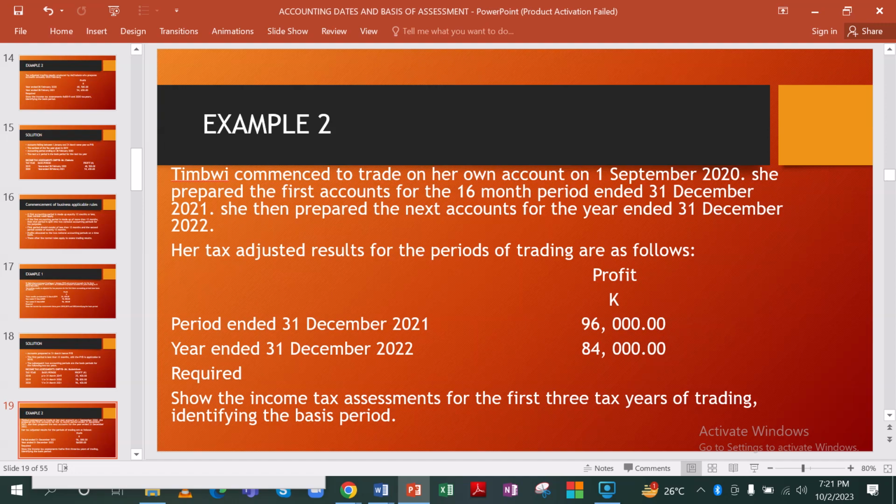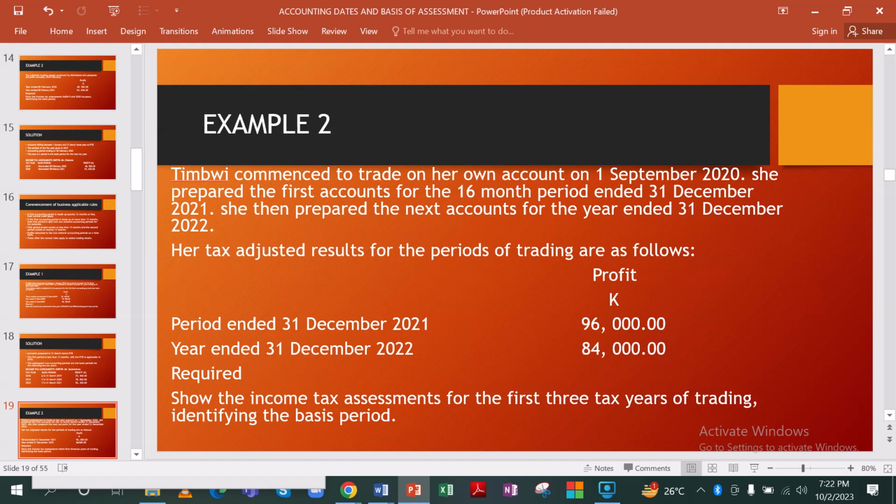Meaning from 1st September 2020 to 31st December 2020 remains to be the first notional period. If you count September, October, November, and December, that will give you 4 months. And then from January all the way to December 2021, that gives you 12 months. Together, you have 16 months.